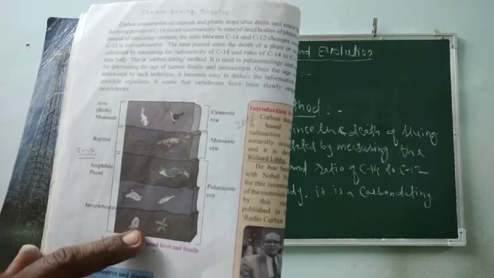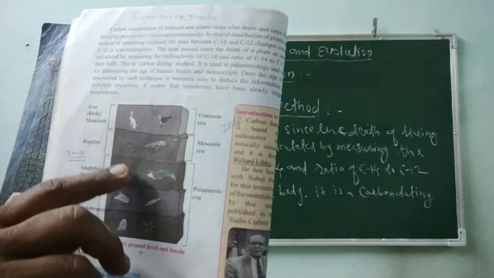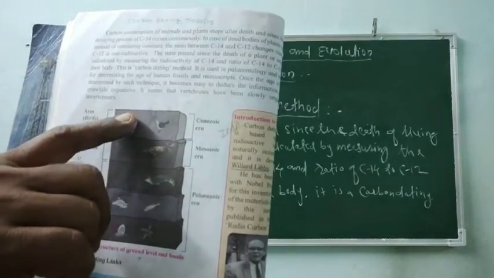Then from that we find the fossils of fishes, then amphibians, then reptiles, dinosaurs, and at the upper part of the earth we get the fossils of vertebrates, mammals, birds, and many more.